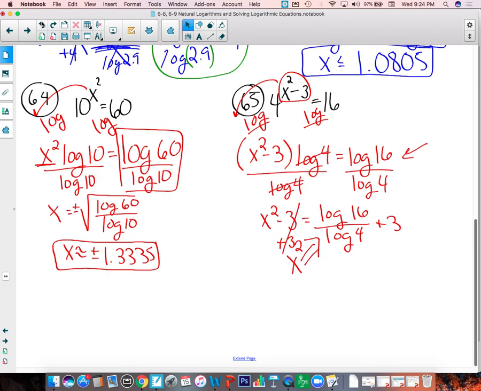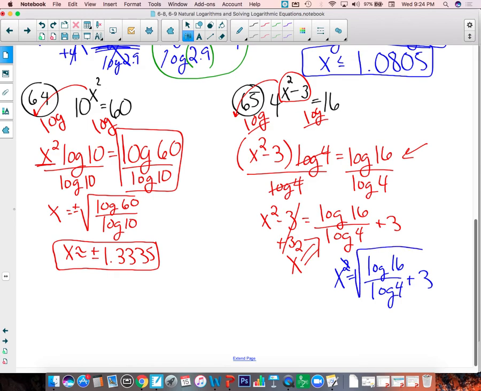Okay, so I would need to actually put that in my calculator now, because I would have x squared equals log 16 over log 4 plus 3, and to get rid of that square, I'm going to have to square root both sides and then add a plus or minus.